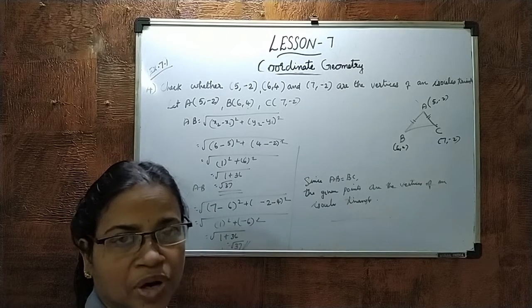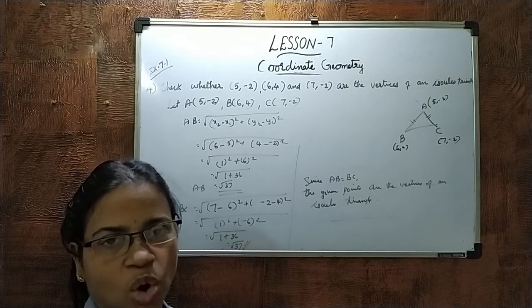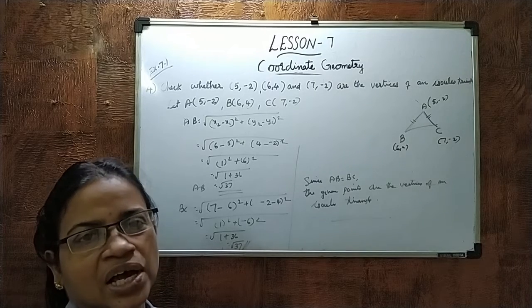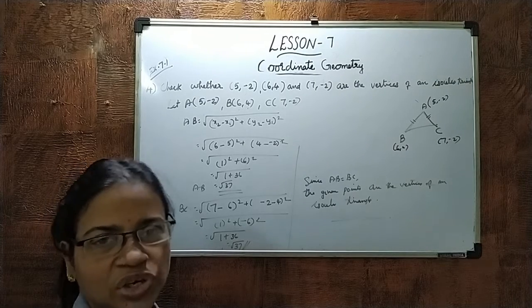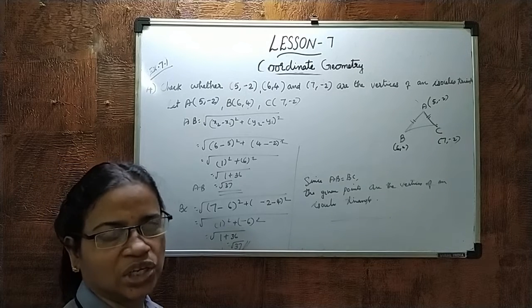Okay, so you have to remember about the conditions. What about a square, what about the parallelogram, what is a rhombus, what about the triangle, isosceles, right angle triangle. Everything you have to remember. Then only we can prove like this. Okay, so learn the notes thoroughly.